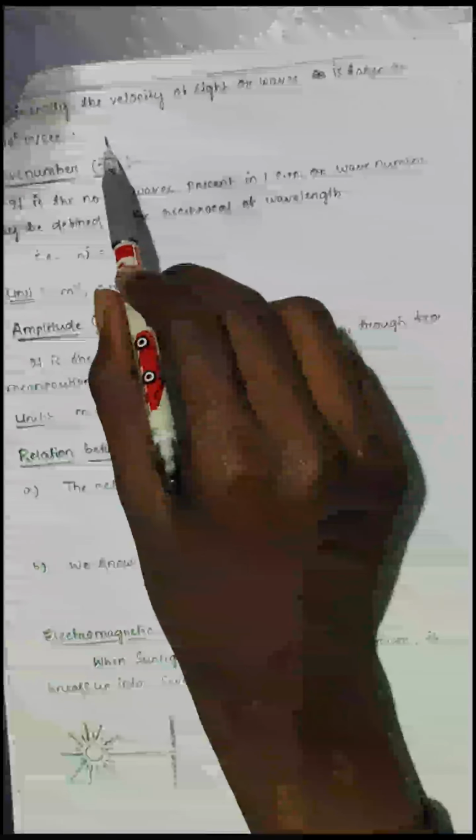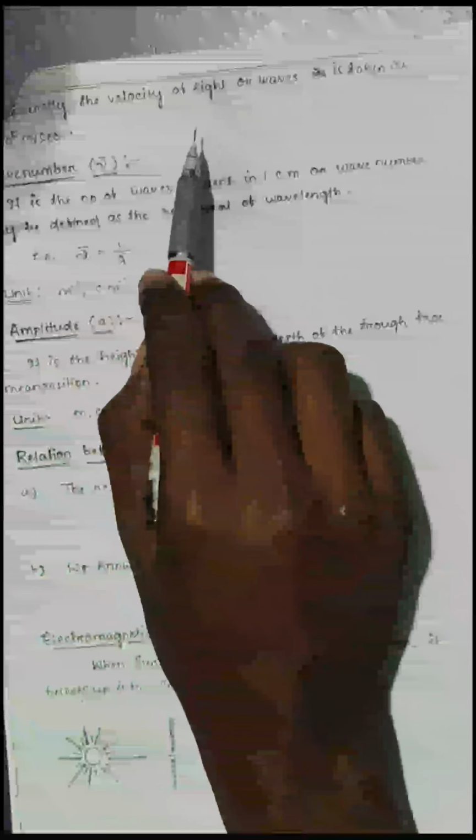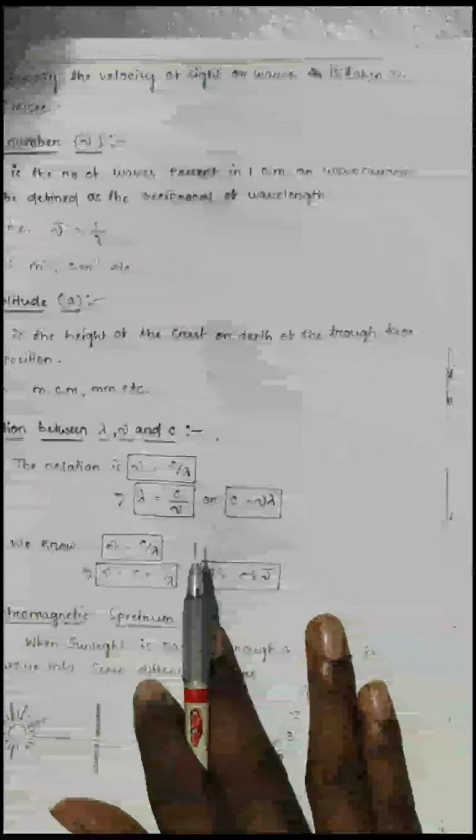Generally, we take the velocity of light or waves as 3 times 10 to the power 8 meter per second square. You can see here, I write down 3 times 10 to the power 8 meter per second square. Sorry, meter per second.